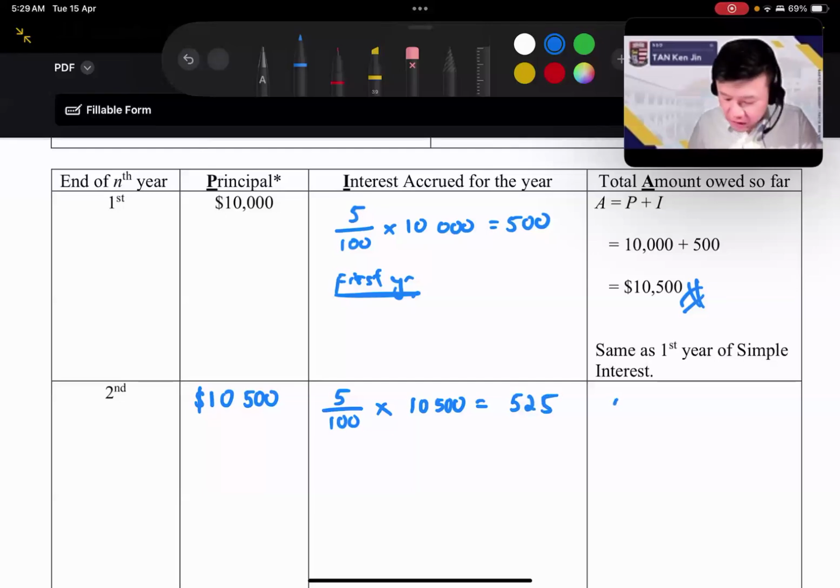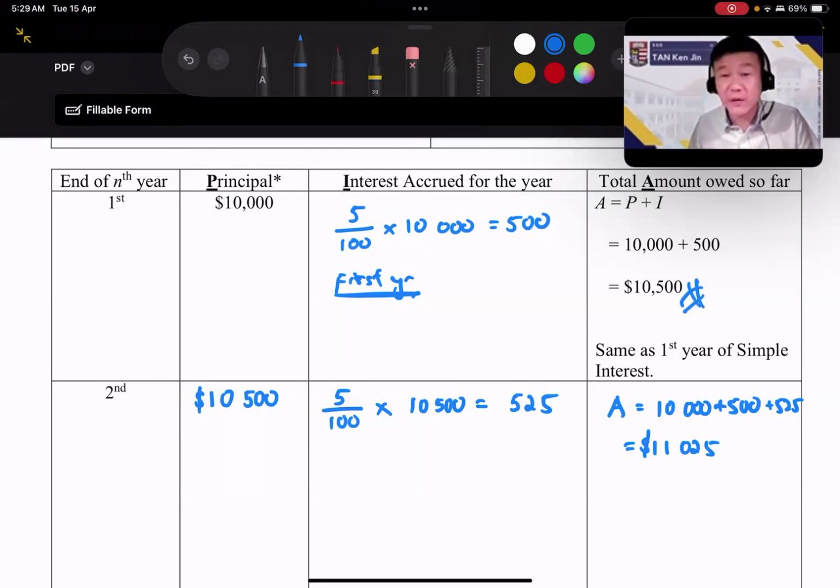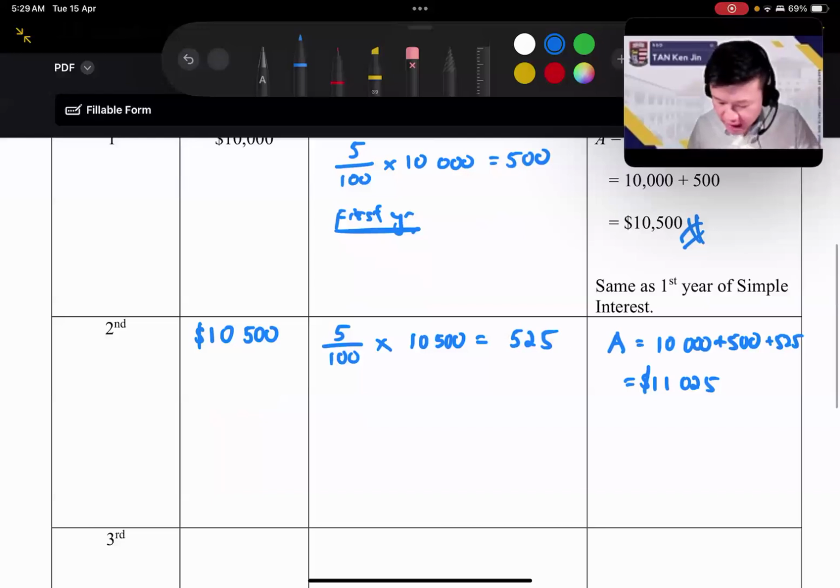And that principal causes the interest to become $525. So now the total amount is going to be, well, remember, initially it was 10,000, right? Then we have 500, and then we have another 525. So it's going to be 11,025. Now the total amount owed at the second year is $11,025. Okay, so if we compare to the simple interest case, it's more expensive by $25, right?